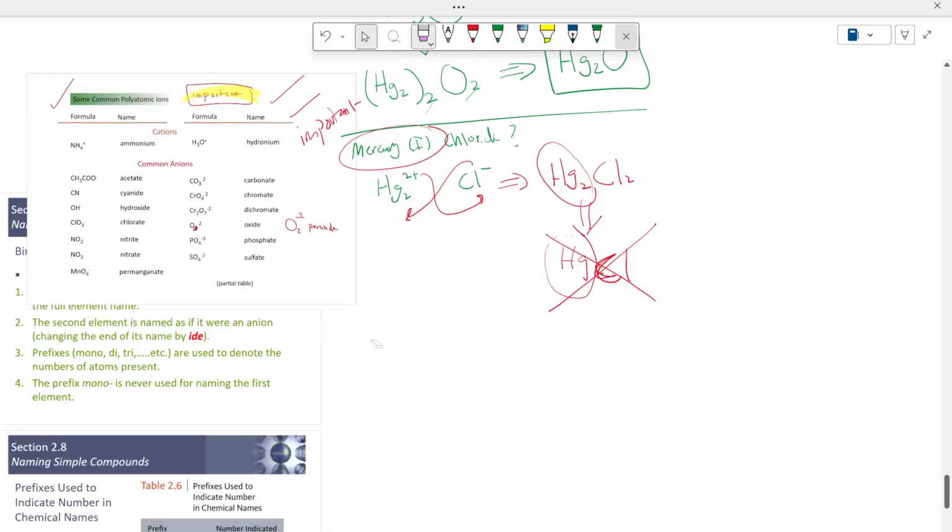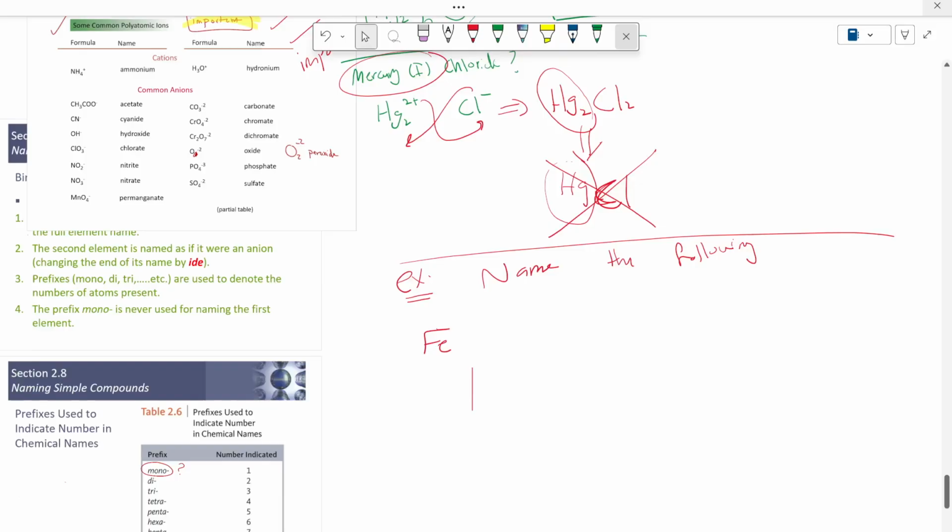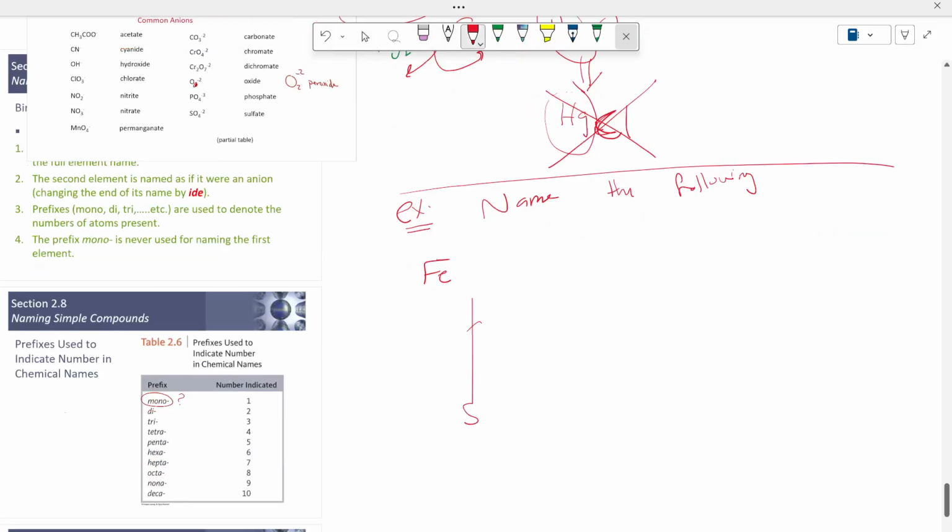Let's give you a third example, this time using a transition element with a polyatomic ion. Name the following. Let's say FeSO4.